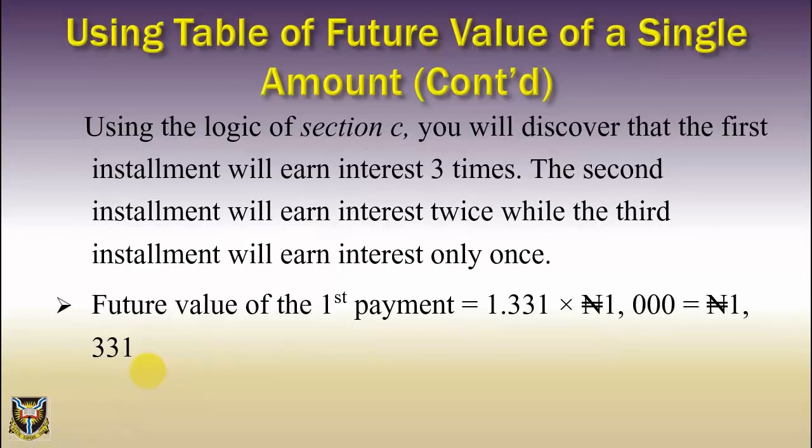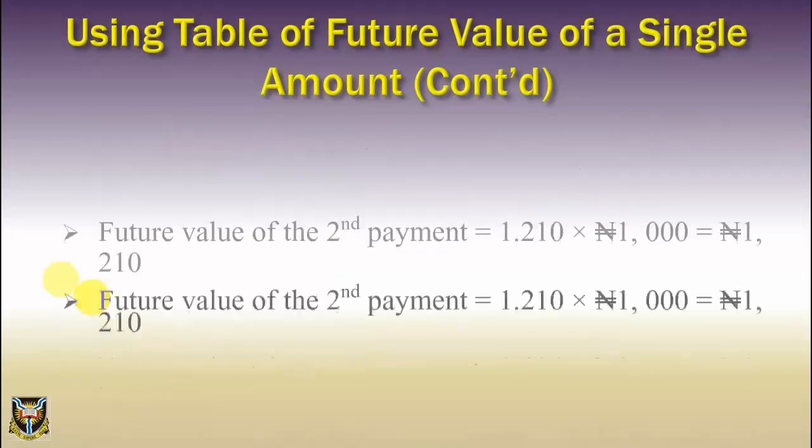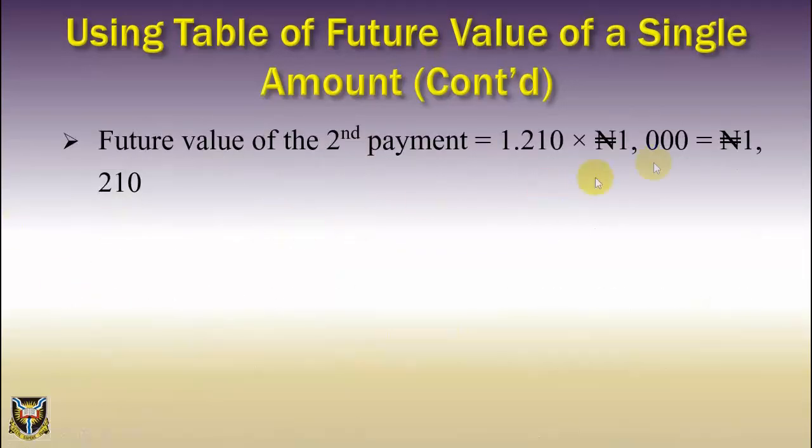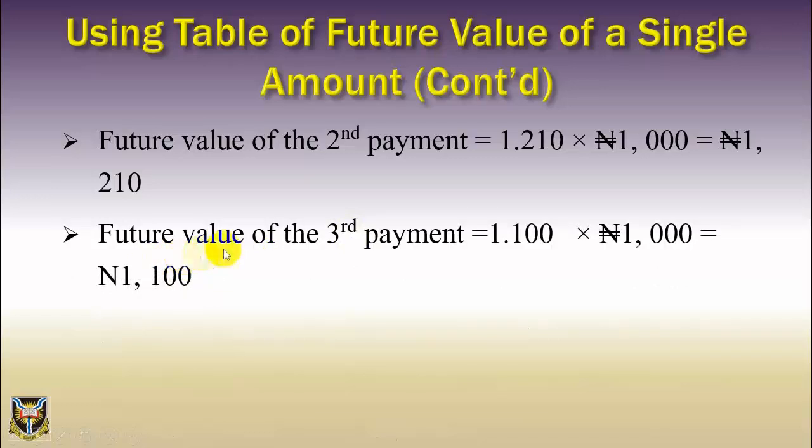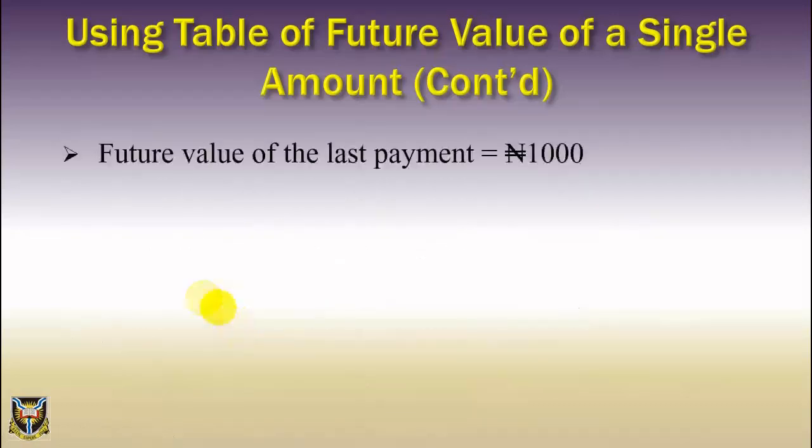Future value of the second payment is 1.210 times 1,000, which is 1,210 naira. Future value of the third payment is 1.100 times 1,000, which is 1,100 naira. Future value of the last payment is 1,000 naira.